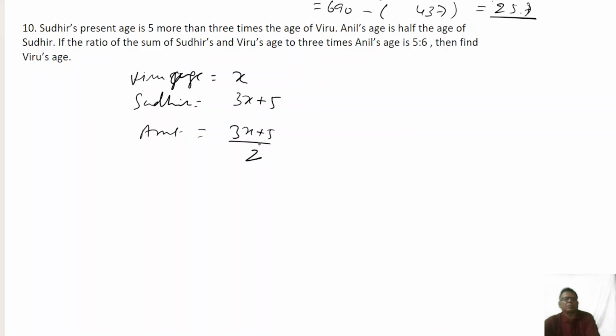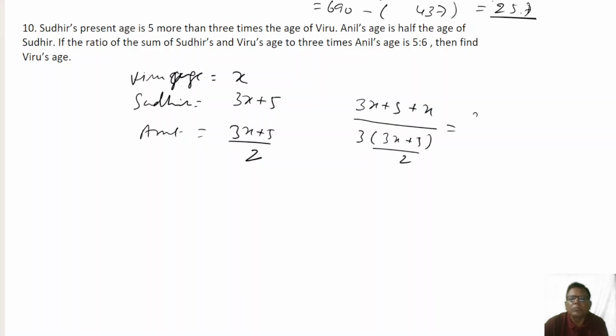If the ratio of the sum of Sudhir and Biru's age to 3 times Anil's age... So the sum of Sudhir and Biru's age is 3x plus 5 plus x. And what is Anil's age? Anil's age is (3x plus 5) by 2.